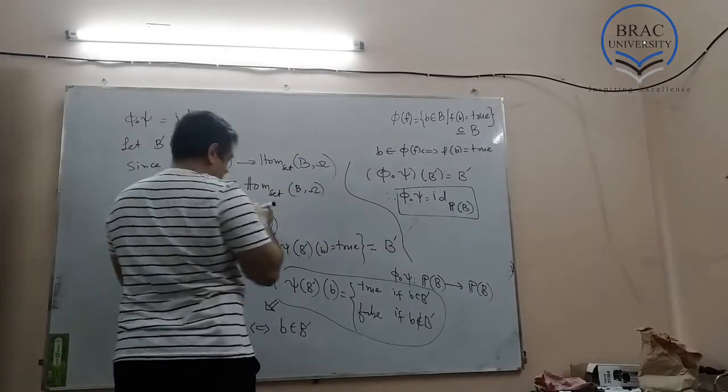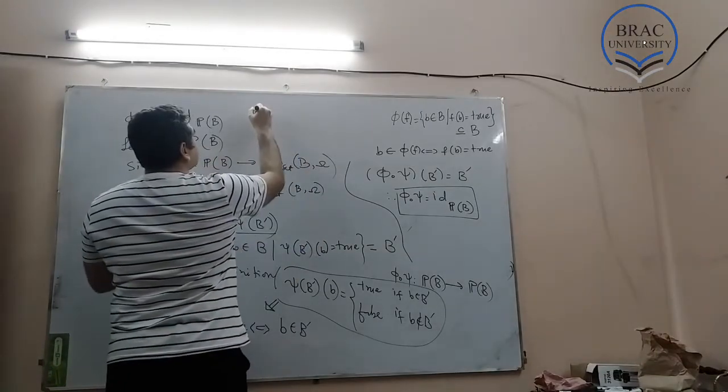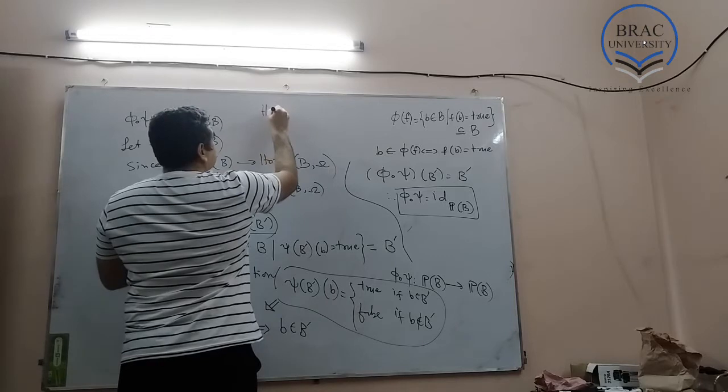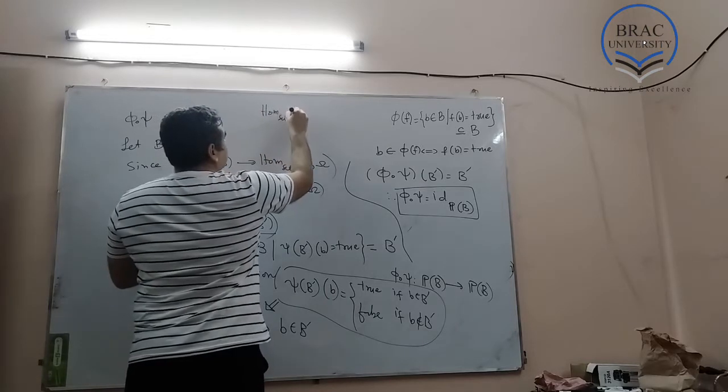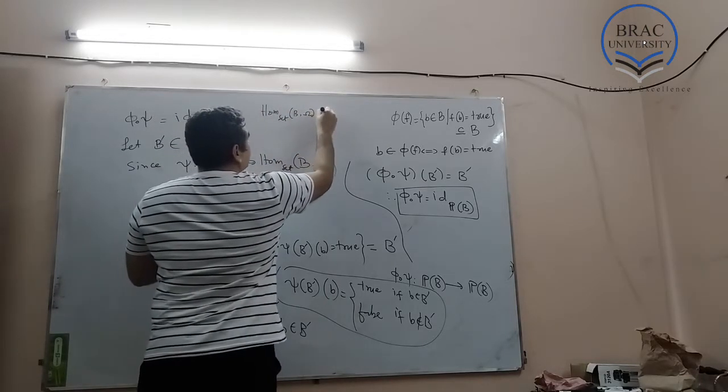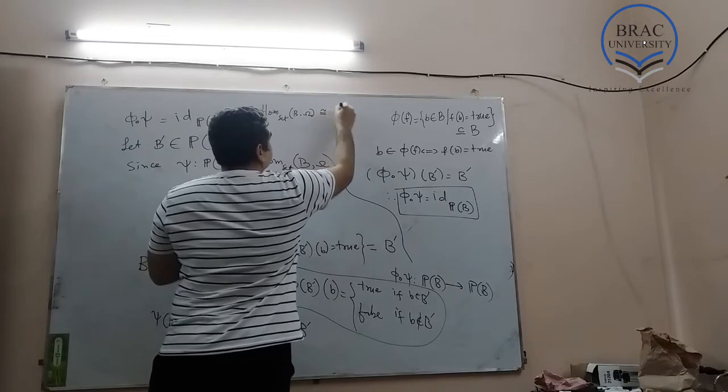Okay, we have shown that this Hom set from B to omega is isomorphic to the power set of B.